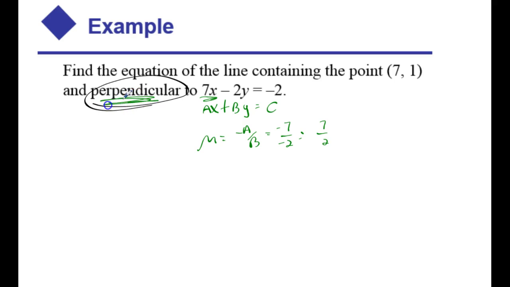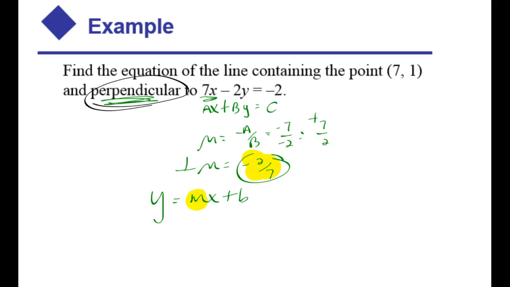Remember, I need to find perpendicular, so I don't want the same slope this time, I want perpendicular to 7/2, which is the opposite of a positive is negative, and the reciprocal of 7/2 is 2/7. So I'm going to use this slope of negative 2/7. So when I plug it into the formula, my slope will be negative 2/7.